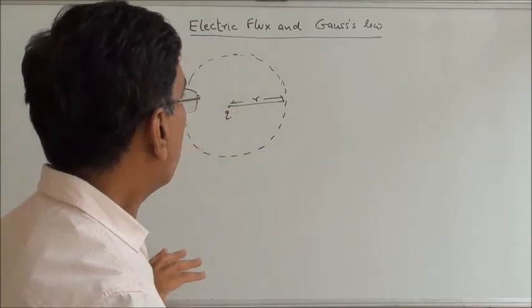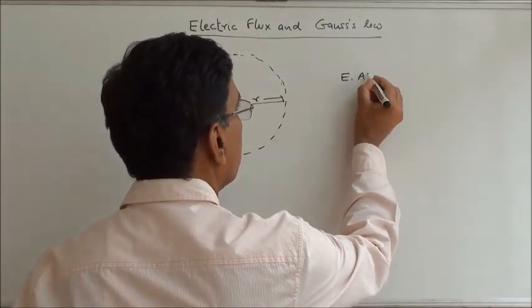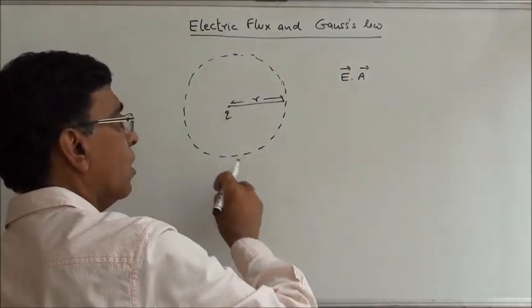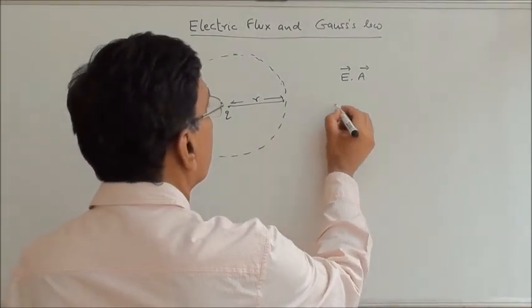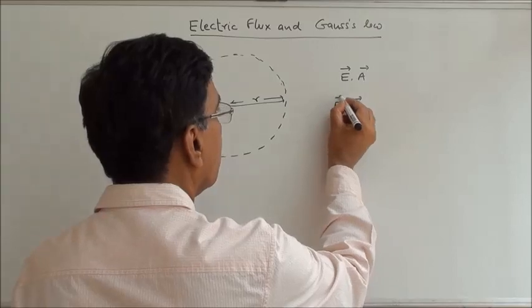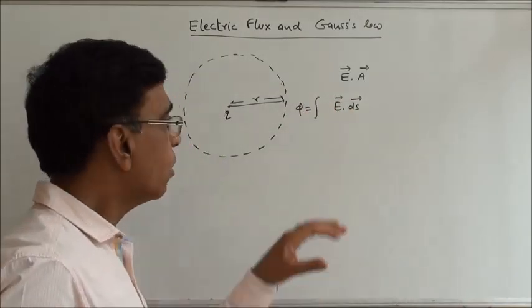I want the flux for it. So we have to calculate the value of E dot A, and I want it for the entire surface. So I may divide it again into very small areas, E dot ds, and then integrate it to calculate the flux for the whole sphere.